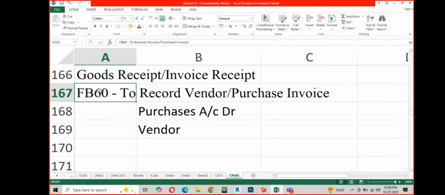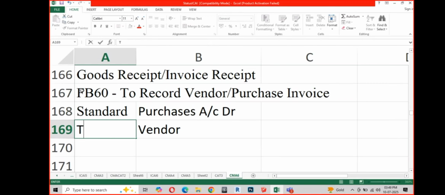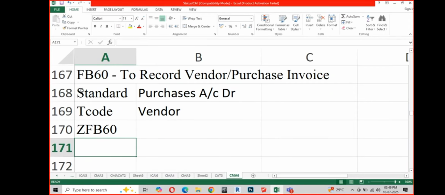Now, if I want in my organization, it should not be FB60 but something else, I don't want to use the standards. As a standard practice, whenever I want a customized transaction code, this is a standard transaction code. If you want to customize this, normally we always prefix the customized transaction code with Z, so ZFB60.